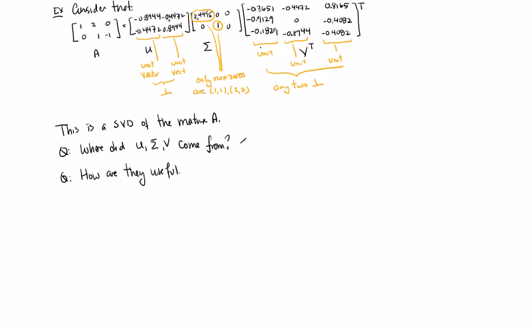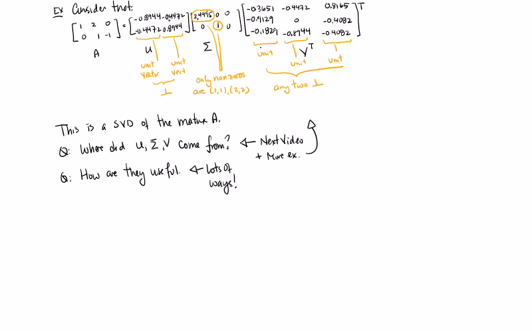The first of these questions, I was going to do it in this video, but I'm actually going to split this off. This I'll put in the next video. In the next video also, I'll do some more examples. In other words, I'll in fact work out this one. We'll show where these specific values came from. And then how they're useful, lots of ways. We'll look at several of these in this class.